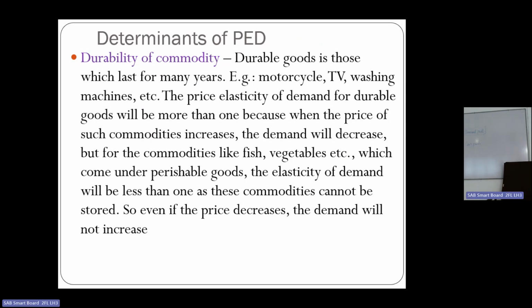It will be more than 1. That means demand for durable products is elastic. So if the price increases for such goods, demand will decrease significantly.